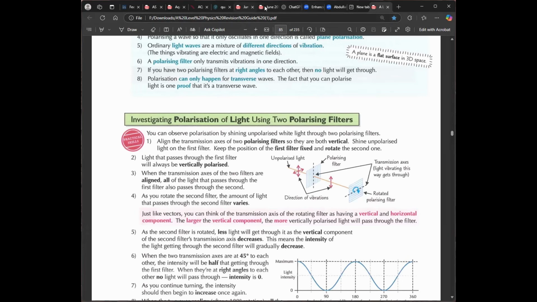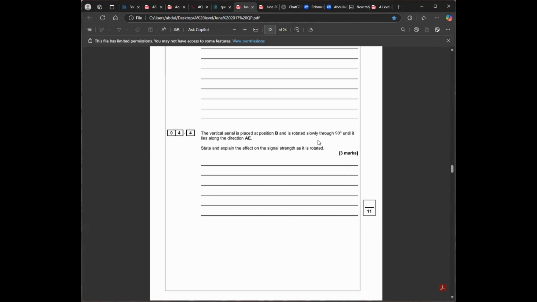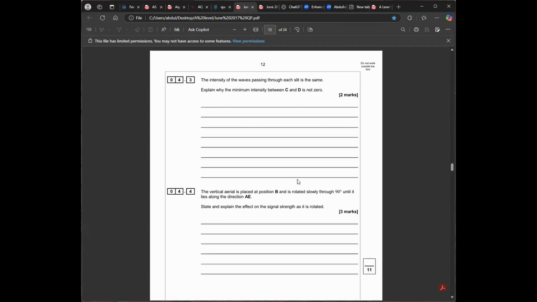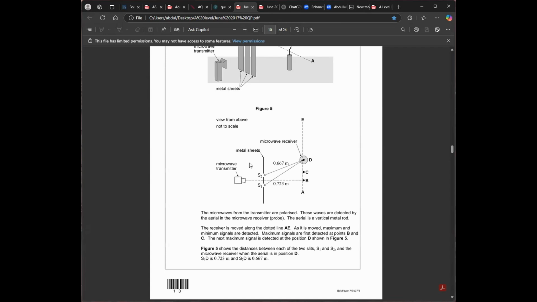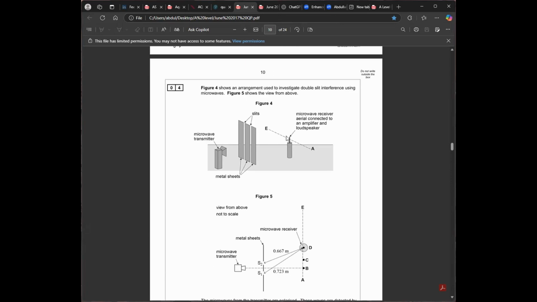Same is the case here as well. When you keep on rotating it, it's polarized light that is coming from the transmitter. At this position, maximum light will pass through it.